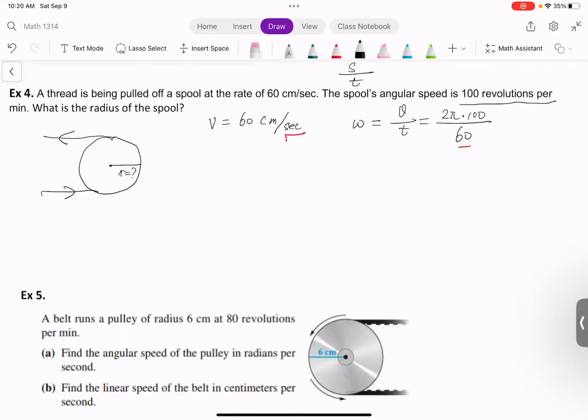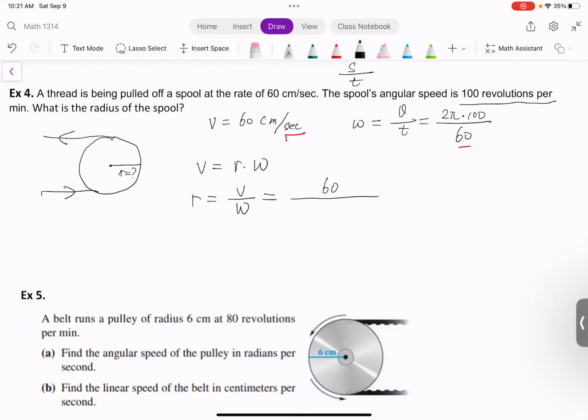I'm looking for the radius. What's the relationship between V and omega? V equals R times omega. That means R equals V over omega. So let's put the information inside of the expression. On the top, V is 60.